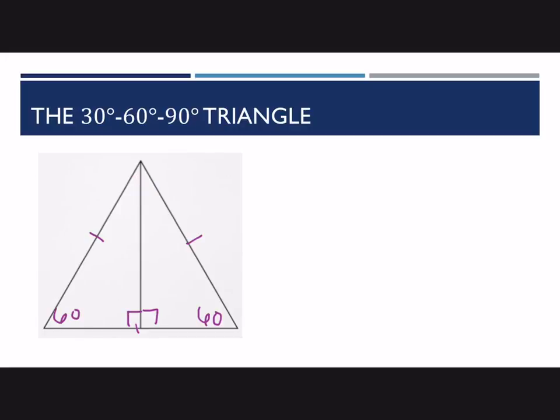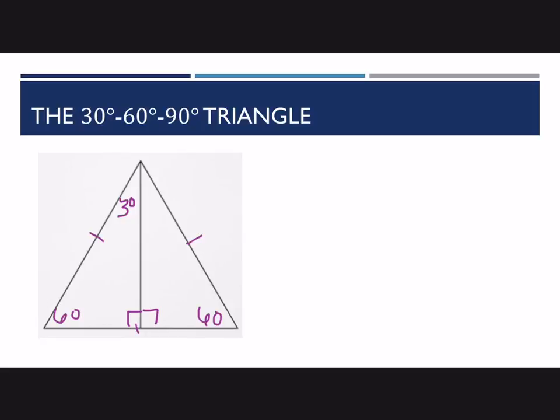Now if you look at the left triangle here, one angle is 90, one is 60, and subtracting from 180, the third angle must be 30 degrees. So that's the special right triangle of 30, 60, 90.